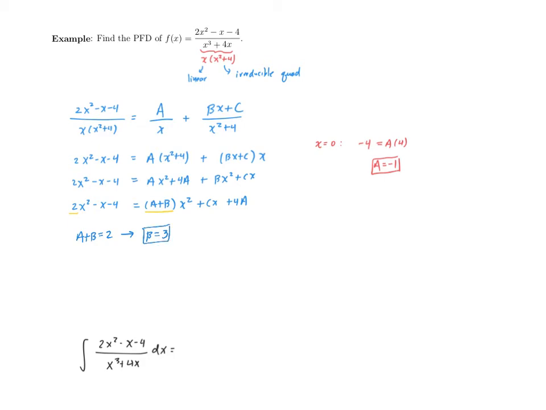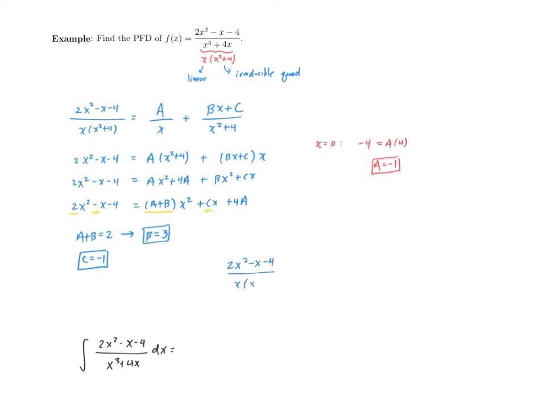Comparing the coefficients of the linear term, minus 1 on the left is equal to c on the right. And we now know a, b, and c. What we've determined is the partial fraction decomposition.